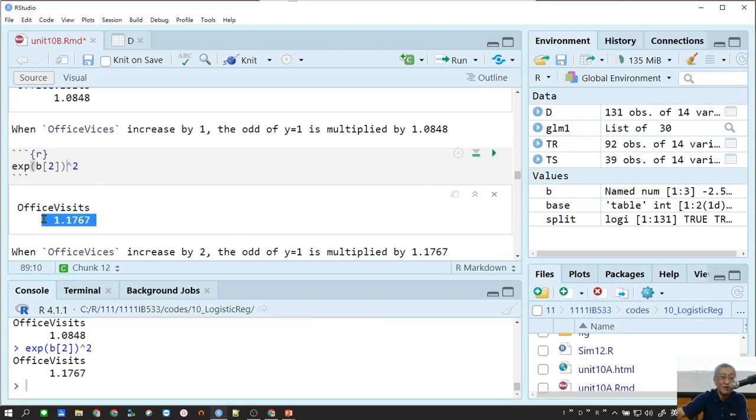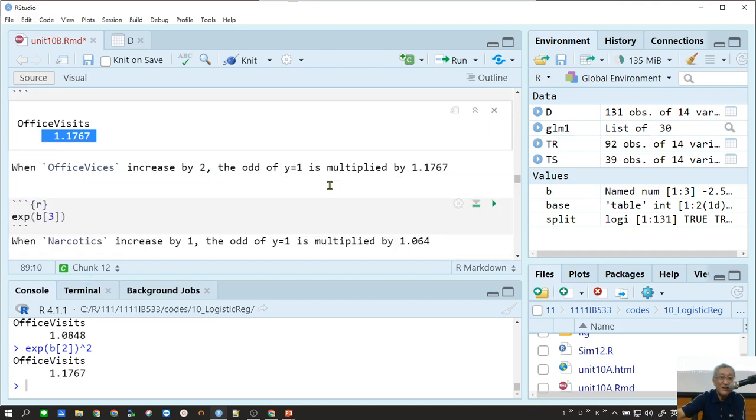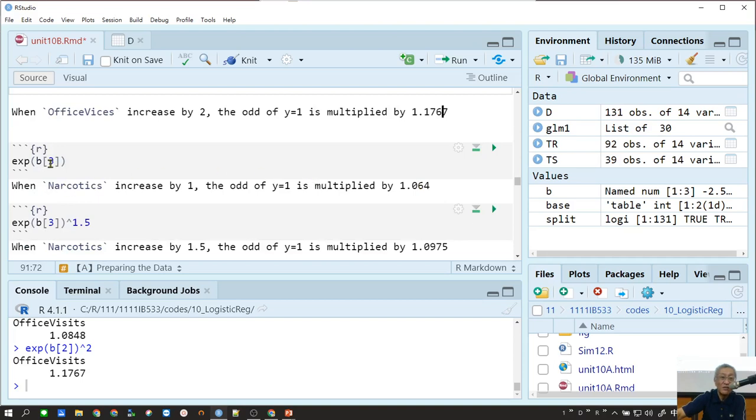So this is the odds multiplier if office visit is increased by 2. Okay? You got my point? So by 2, the odds of y equal to 1 is multiplied by that. Okay, and let's see another one.